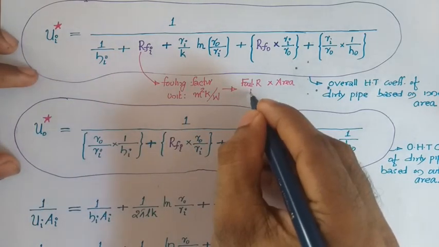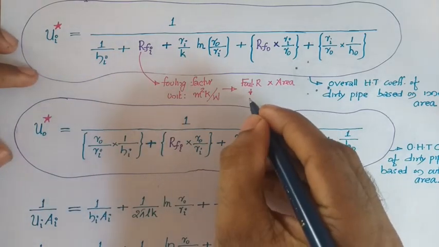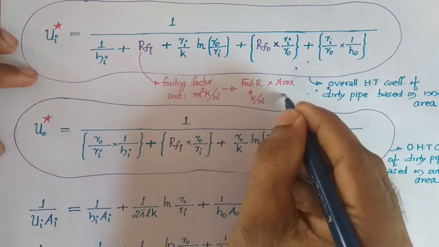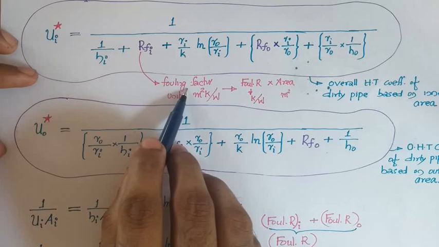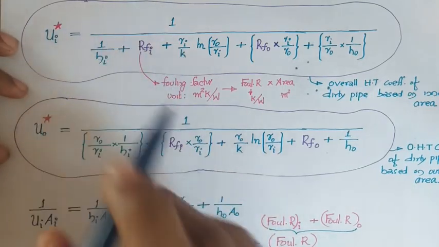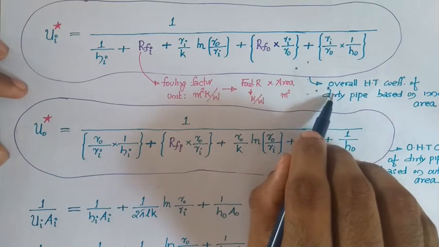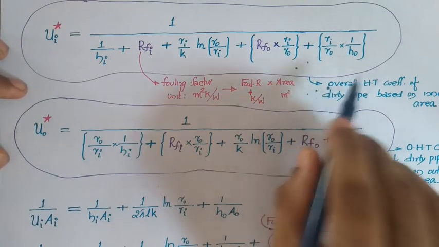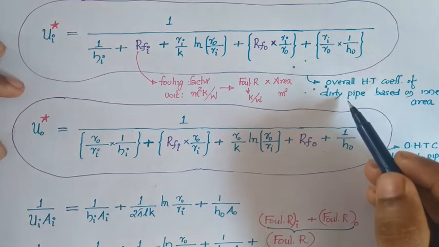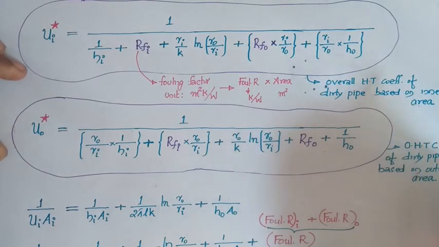The fouling resistance is just a thermal resistance, its unit will be kelvin per watt, and the area unit is meter square. So you will be getting the fouling factor units as meter square kelvin per watt, and this expression you will be getting after simplification. This will be giving the overall heat transfer coefficient of the dirty pipe, where you are considering the fouling effect, and this is based on the inner area.